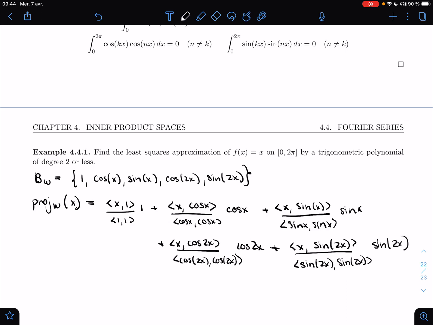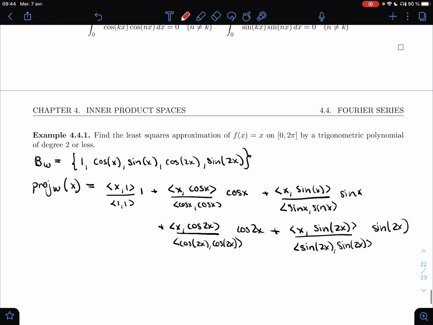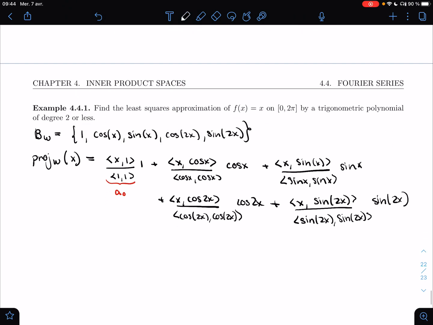All right, so that's just the theorem that we got in the projection section applied to this orthogonal basis. Let me give these names. This one's going to be A0, so let's start computing A0. I need to find the inner product of x with 1. We said our inner product was an integral, so I need to integrate x times 1.